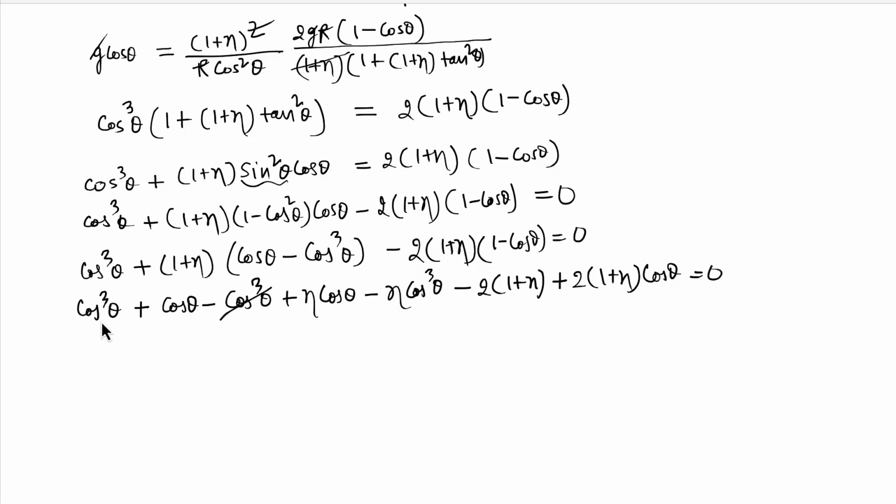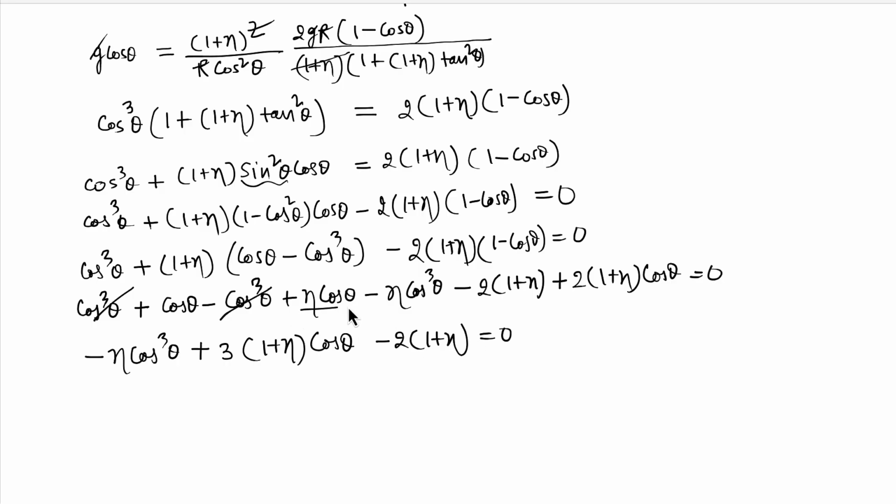Okay, so this will cancel out. So what we have is minus eta cos cube theta plus 3(1 plus eta) cos theta, okay, and minus 2(1 plus eta) equal to 0.